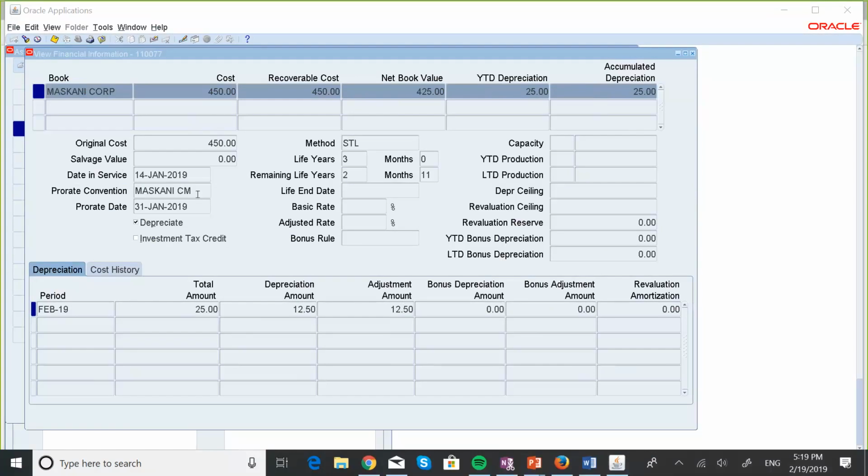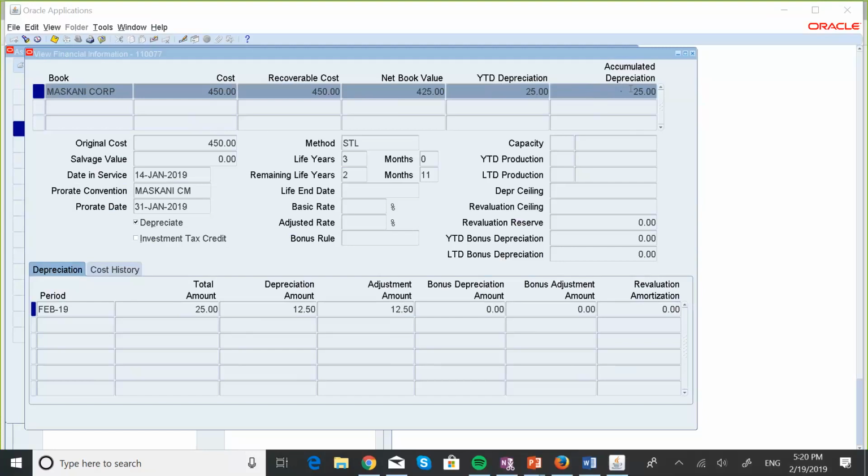Okay. So when we retire this asset, what do we expect? We're going to bring down the cost to 0. We're also going to bring down the accumulated depreciation to 0.